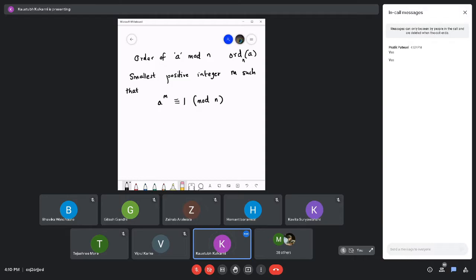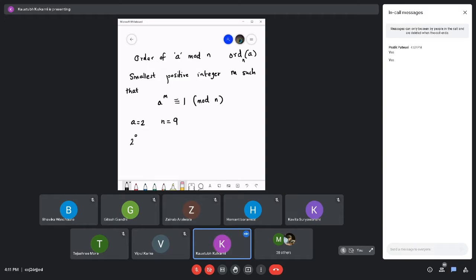Okay. So for example, if we want to check for 2, let's say a is 2 and n is 9. So what is m? We can find it by trial and error first.